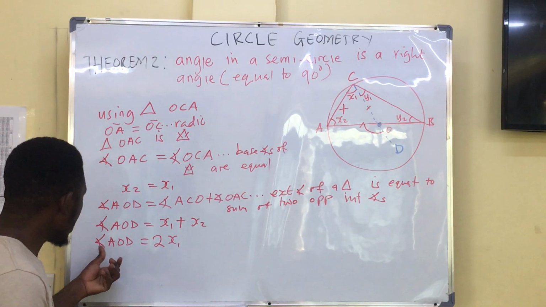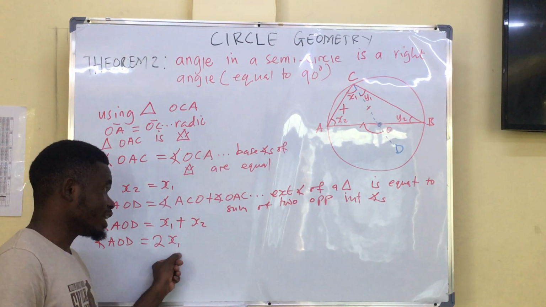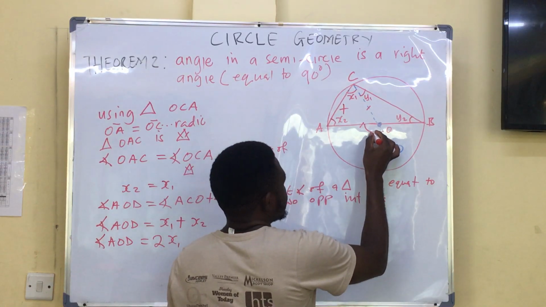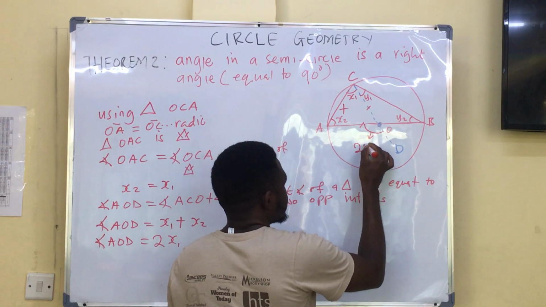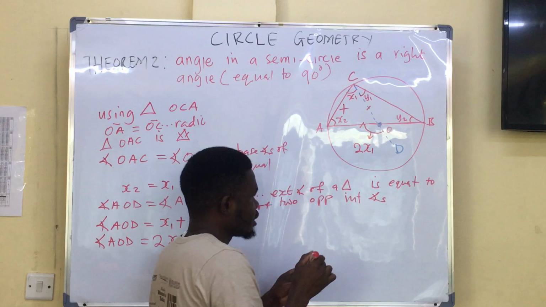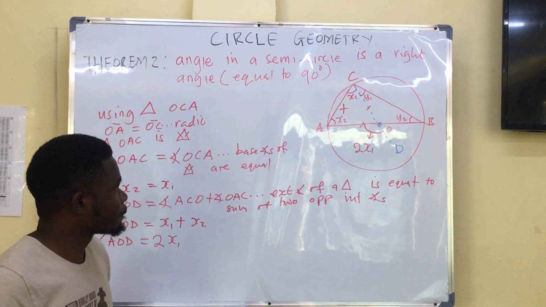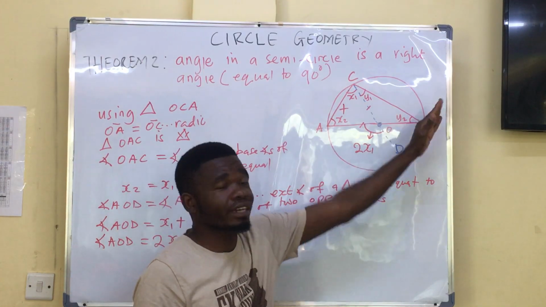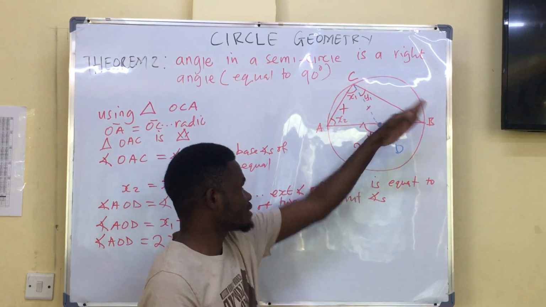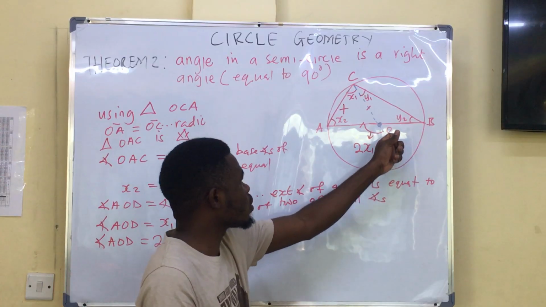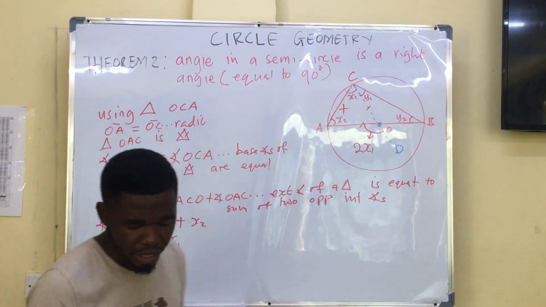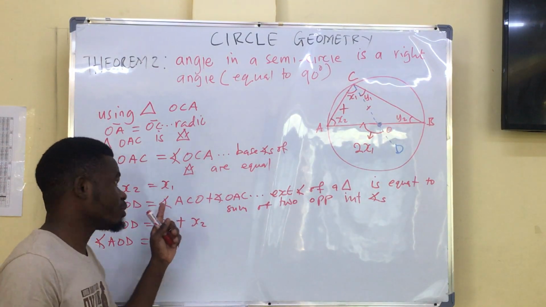So angle AOD is equal to x1, meaning that this angle is equal to x1. So we need to go to that side now of a triangle. We need to use the triangle OCB. I can lump off this part, right?